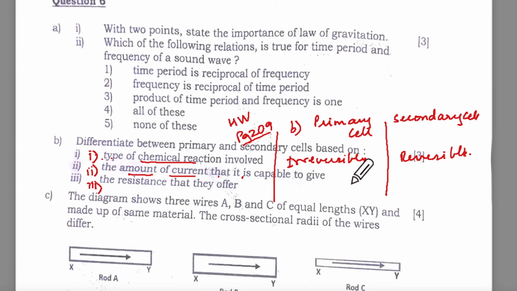What did you write here? Weak current only. So this will be weak current and here low as well as high current.